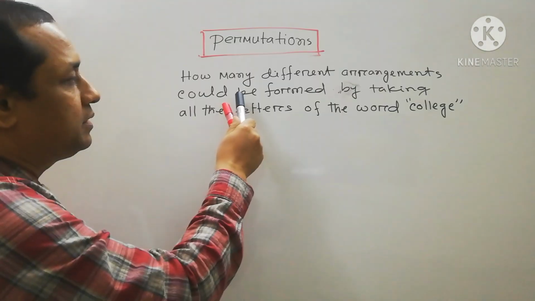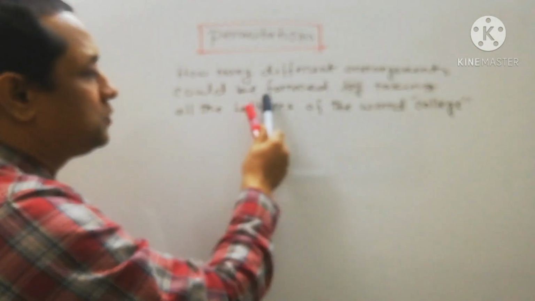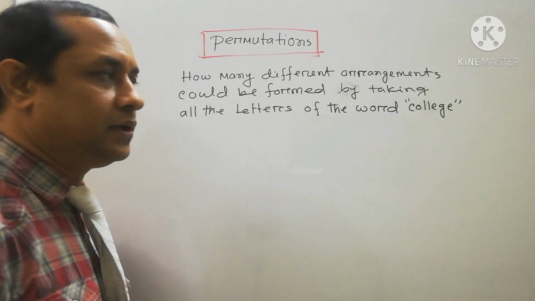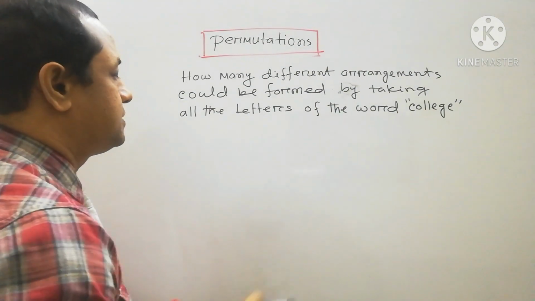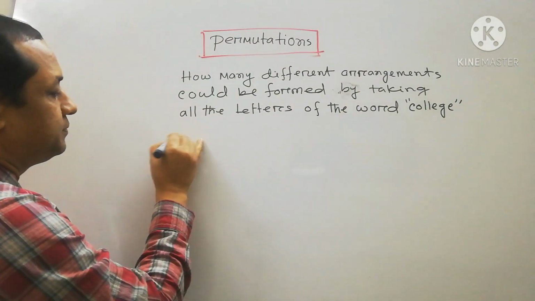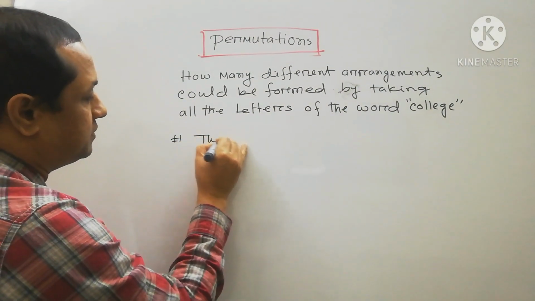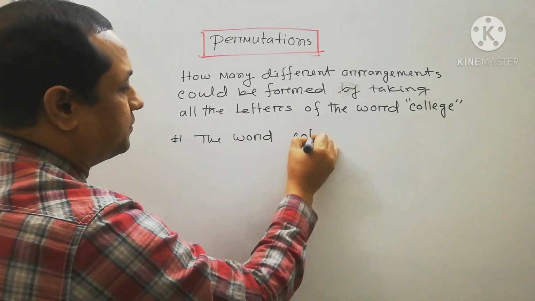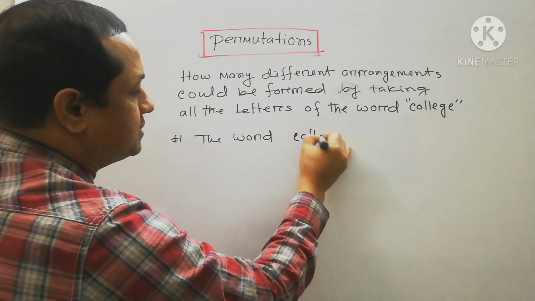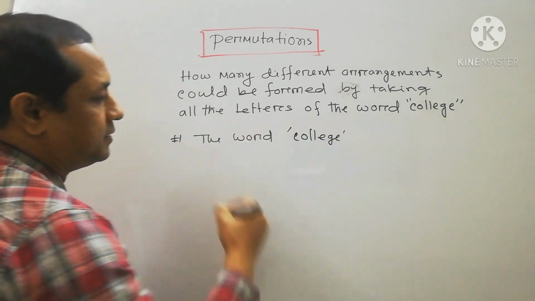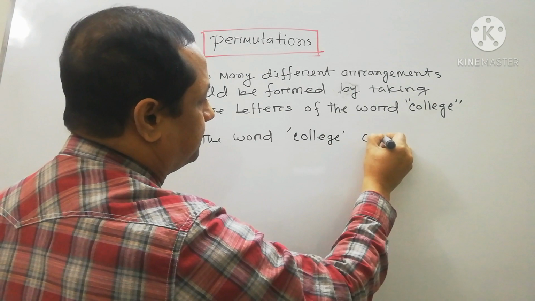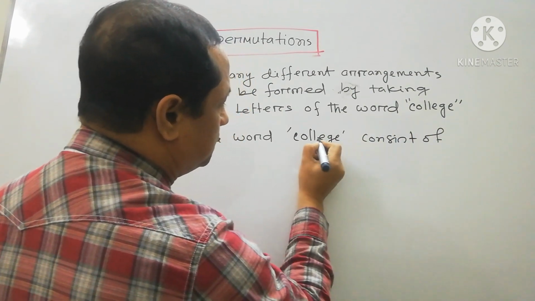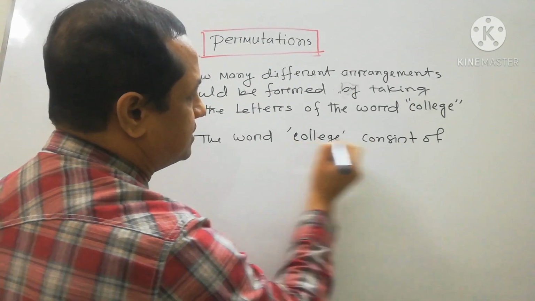How many different arrangements can be formed by taking all the letters of the word college? So students, here the word college consists of 7 letters: 1, 2, 3, 4, 5, 6 and 7.